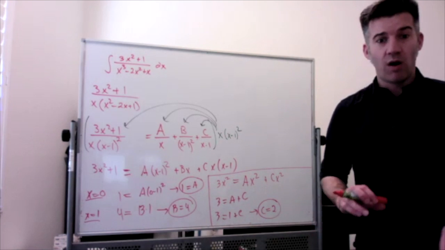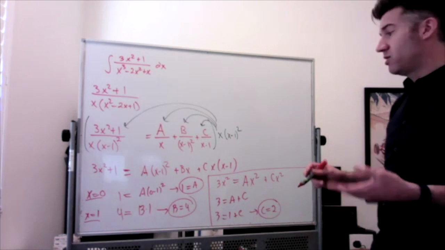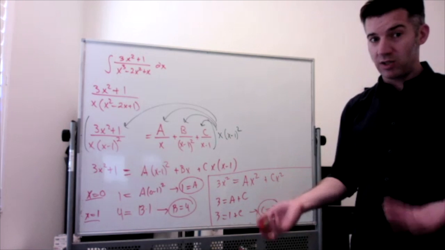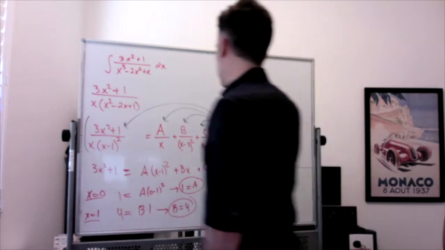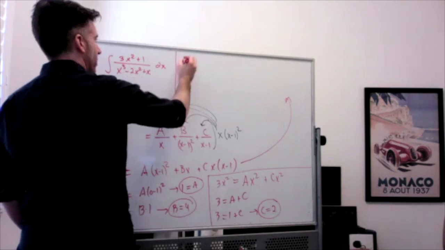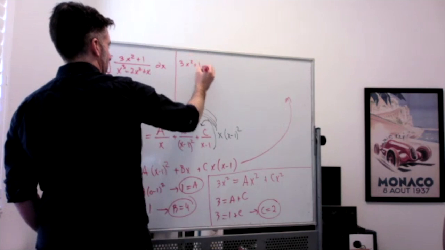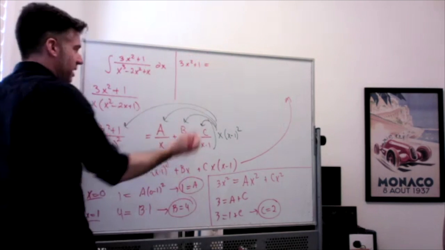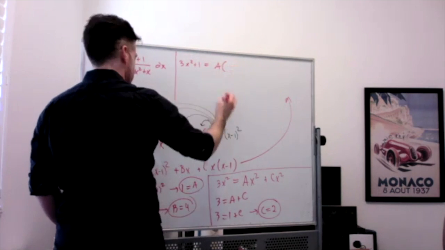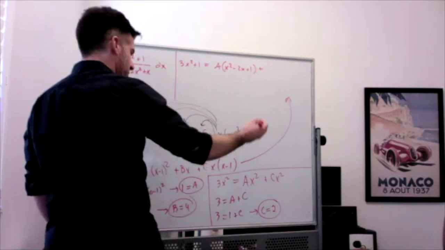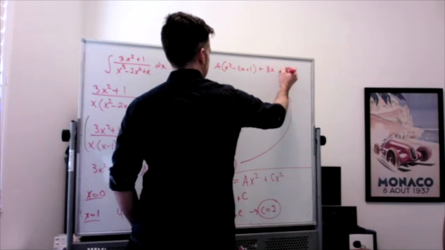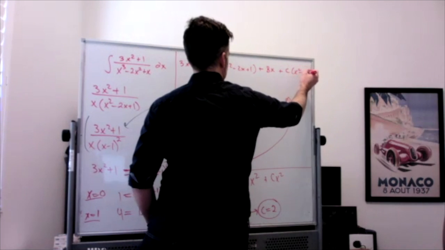But let me show you the longer amount of work. So here's the long work that we're not going to show usually, that we're shortcutting. What you're really doing is saying, okay, I have on the left 3x squared plus 1. And on the right, if I multiply this out, I have a times (x squared minus 2x plus 1), I have bx, and I have c times (x squared minus x).